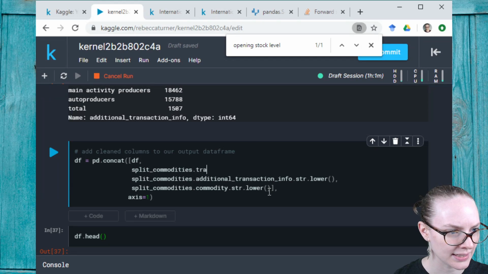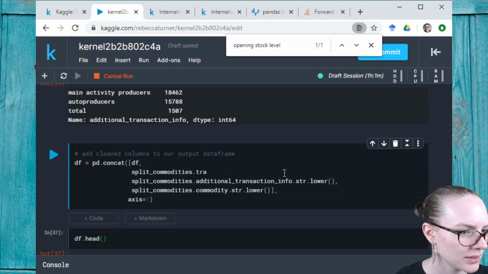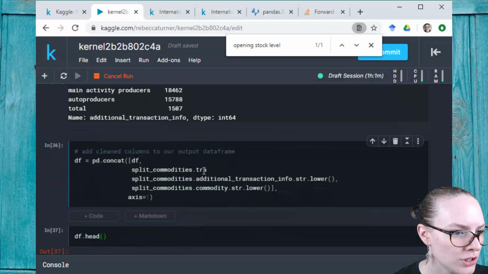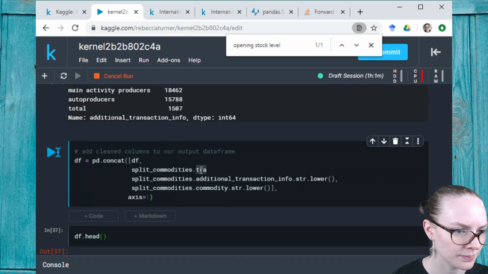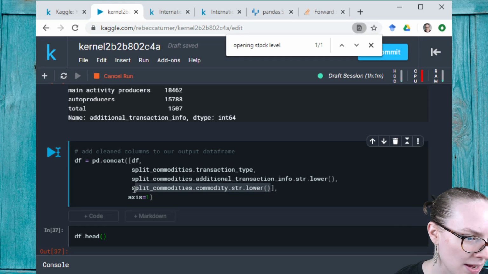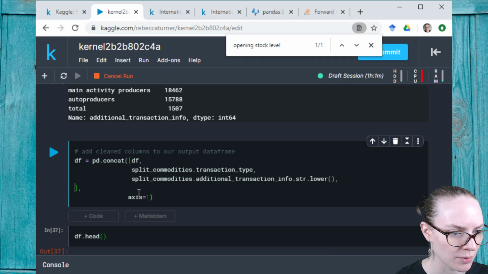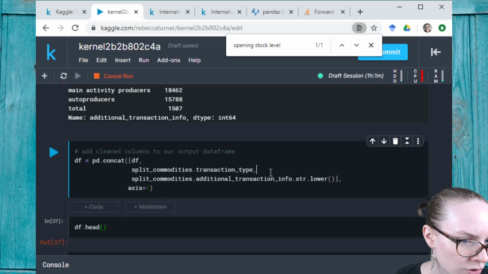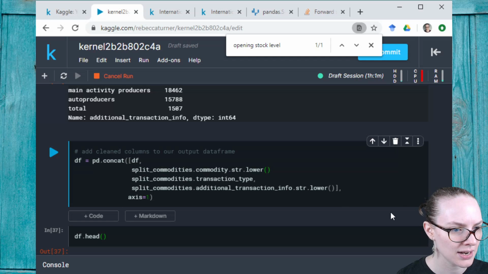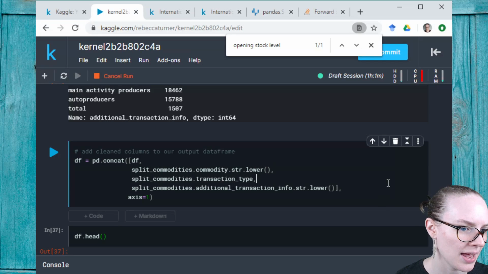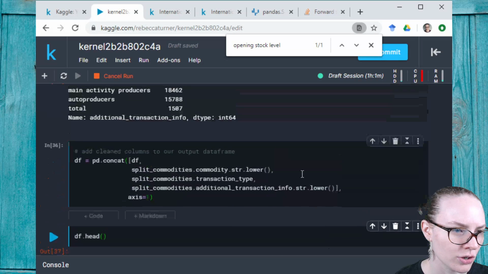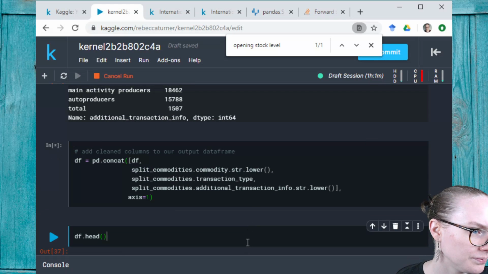I believe it was transaction type. Yeah. And I'm actually going to rejigger these a little bit so that we have them in the same order that they were in the data frame originally. So transaction type is going to be second. First is going to be commodities, and then transaction type, and then additional transaction info. And then those should all be added to the end of our data frame.